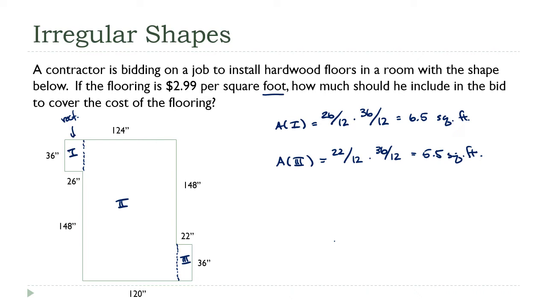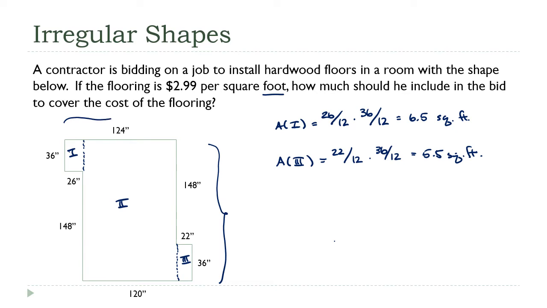Okay, now for this middle section, we're going to have to work a little bit. I need to know this dimension here and this dimension here, and those values aren't in the diagram. So I'm going to have to think about this for a little bit. Okay, look at this top part. Let me clean up a little bit.